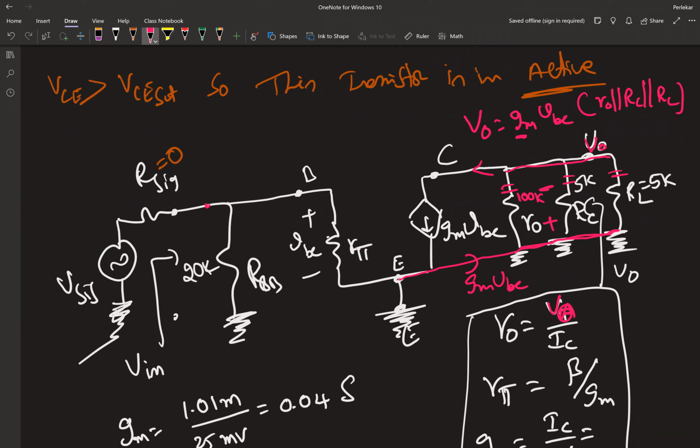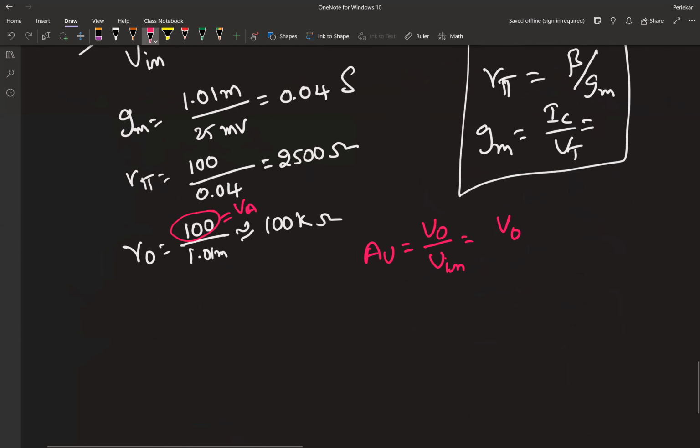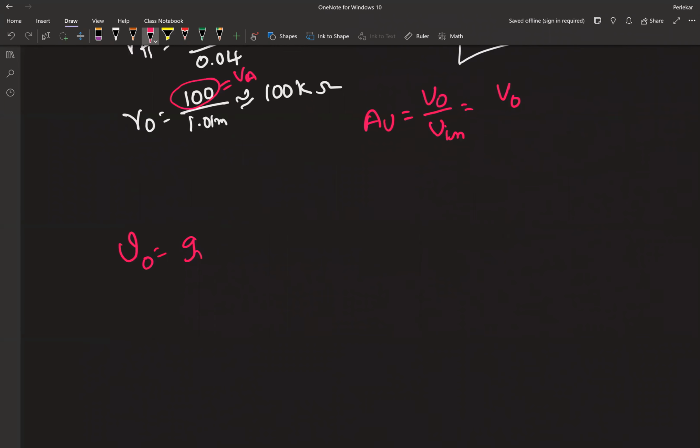But at the same time, the voltage at this point and this point are the same. The negative point I'm showing is across the ground, so this is also grounded. So I can say my VBE is the same as the V input. I'm going to replace VBE right there. So V naught equals GM times V input, and RC parallel with RL parallel with R naught.